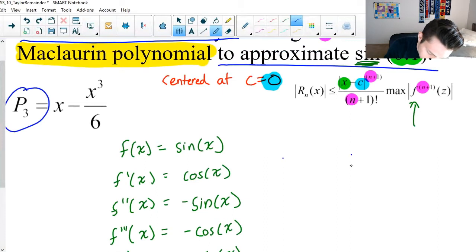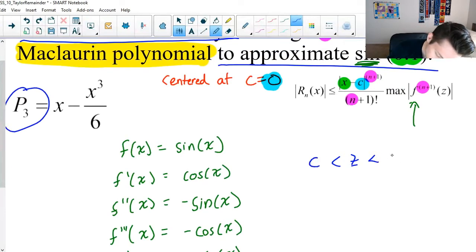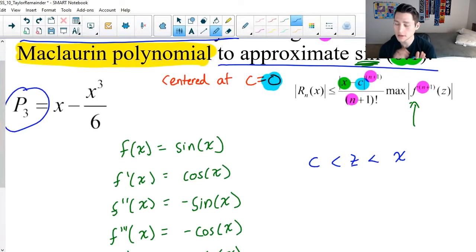Well, z is just some number that is between where I'm centered at and the actual x value that I want to evaluate.